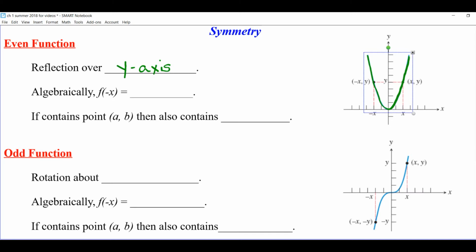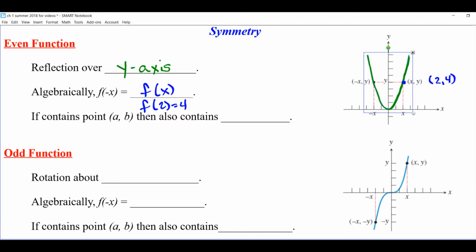Another way to look at it is algebraically. Algebraically, f of negative x equals f of x. So if we think about this point over here, let's call it the point (2, 4). If I know any point on the function, (2, 4), so when x is 2, y is 4, so f of 2 equals 4.